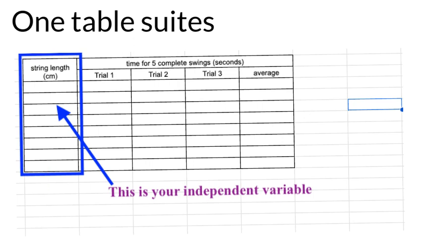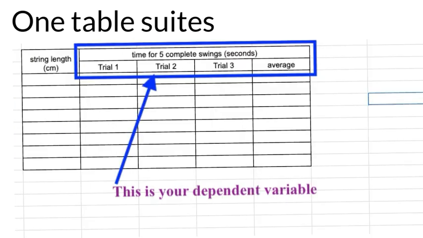Now you'll notice the other variable, our dependent variable, in other words, what we're measuring, and we told the people what we're measuring. Notice all these columns here, these 4 columns called trial 1, trial 2, trial 3 and average, are all about the time for 5 complete swings.